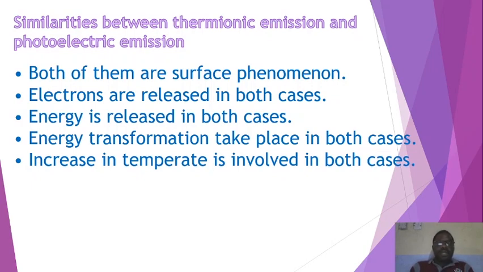Number two, electrons are released in both cases. So electrons are released in thermionic emission, likewise in photoelectric emission. Then number three, energy is released in both cases. Yes, both of them are accompanied by release of energy. And number four, energy transformation takes place in both cases.